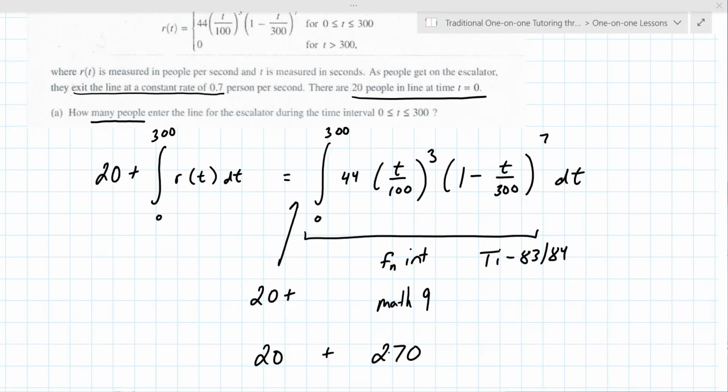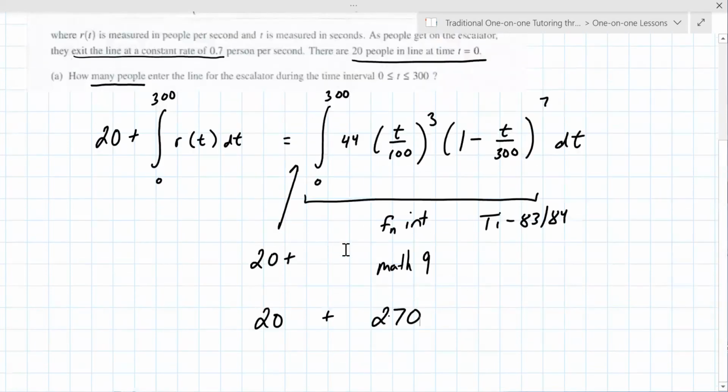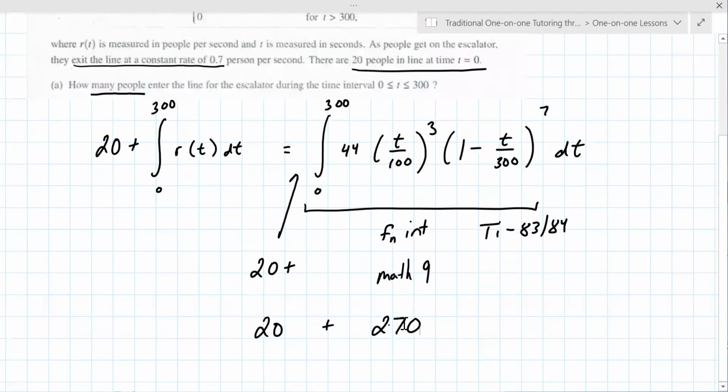How are you doing on that? Just finished. Okay. Just 270. So when you get a number like that, it suggests maybe this could have been done by hand, which I don't know if you wanted to do. In terms of the AP, I can't remember if you said you're planning on taking it or not. But this is probably a 2-point question where if you forget to add 20, you lose a point.